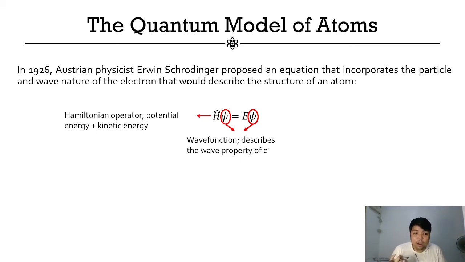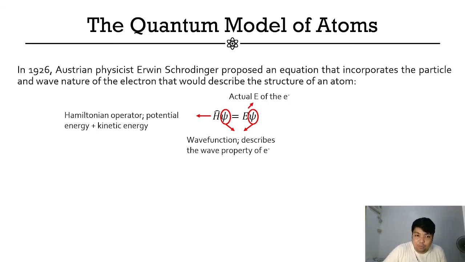Now, the Hamiltonian operator is an operator that allows you to compute the potential and kinetic energy of an electron with a given wave function, and the resulting answer upon operating a certain wave function with a Hamiltonian operator is the actual energy of the electron.